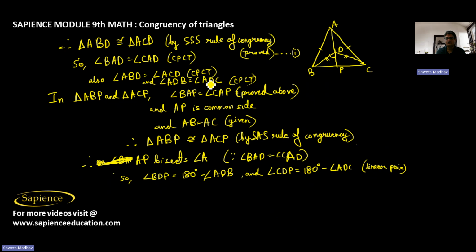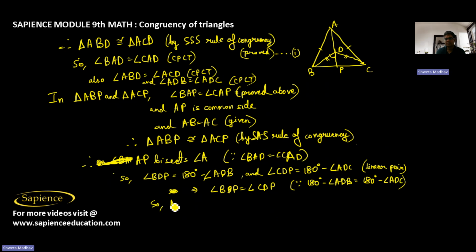So now since these two are equal, angle BDP also will be equal to angle CDP, since we have already shown that these two angles ADB and ADC are same.